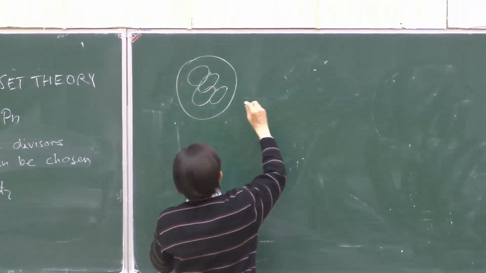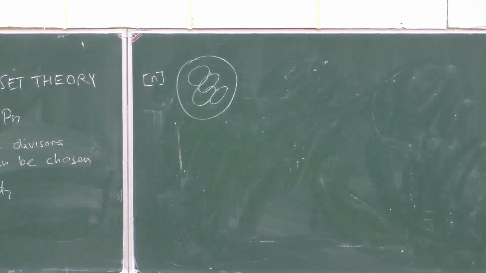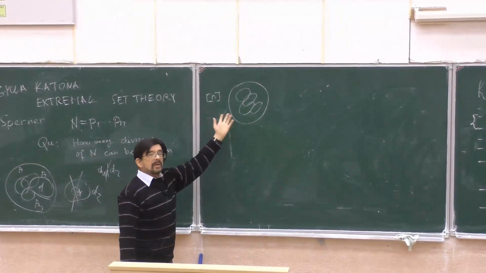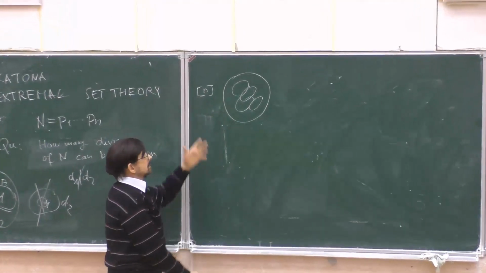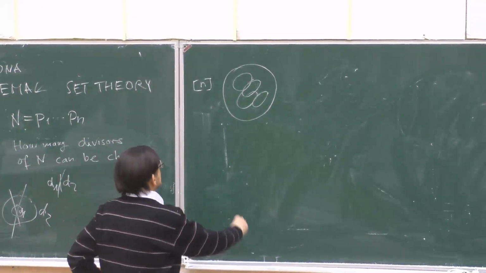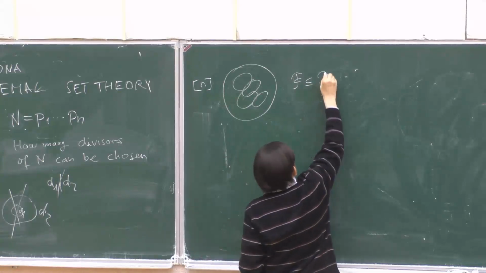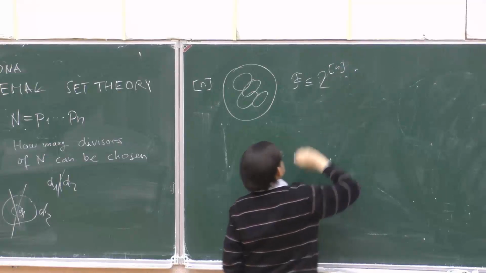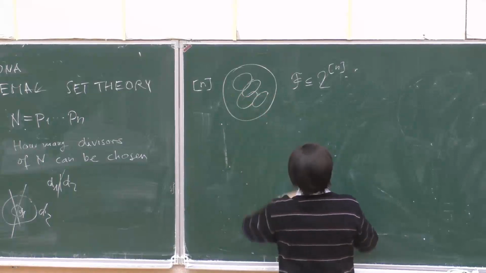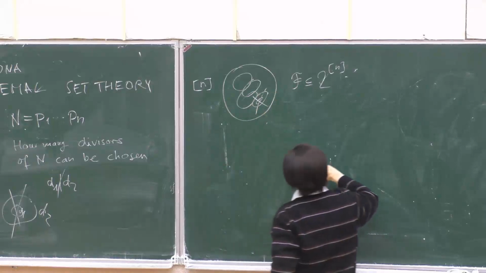the maximum number. I will always denote an n-element set in this way, which actually means ordered, but I will not use the fact that it's ordered. It's only an n-element set. And a family of its subsets, this is a family, and now we exclude this one.